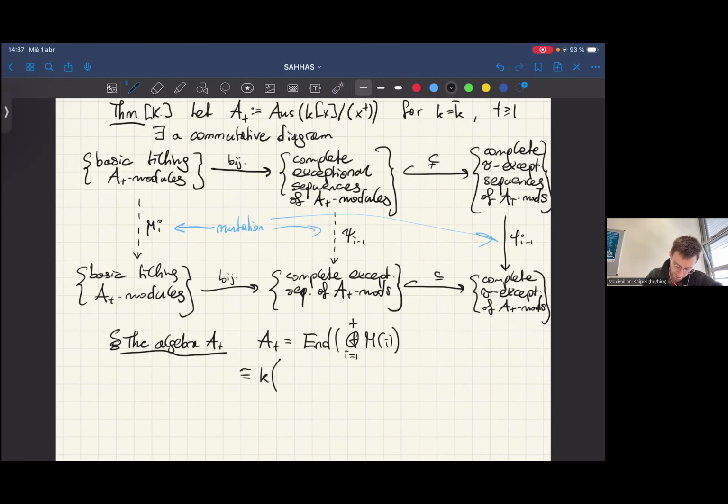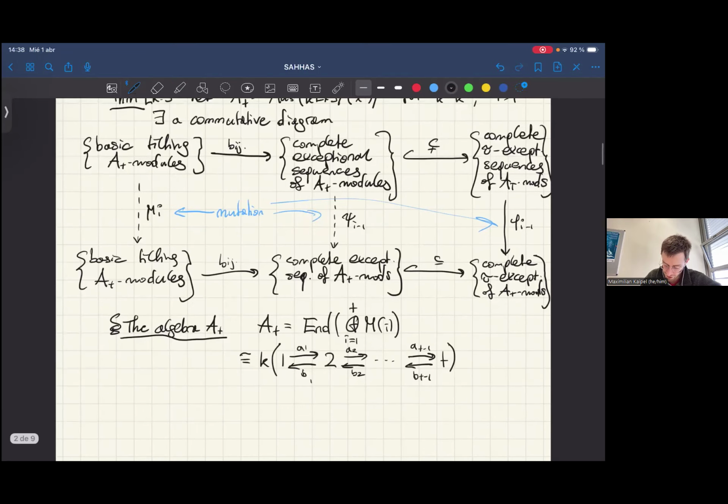And this has a quiver presentation as follows. We can write this as the path algebra of the following quiver, which just has t vertices and arrows going back and forth in a kind of linear way like this. Let's call these A1, B1, A2, B2, all the way up to AT-1 and BT-1.